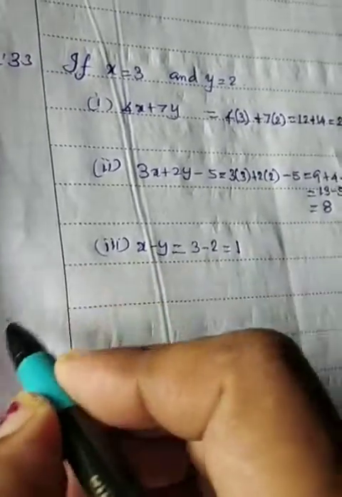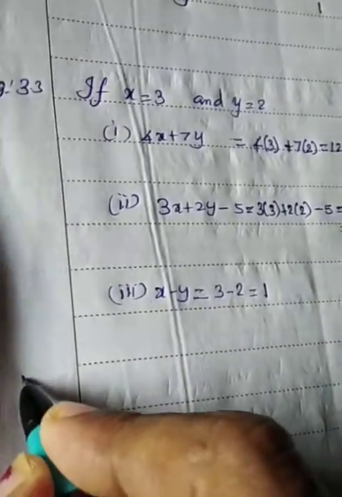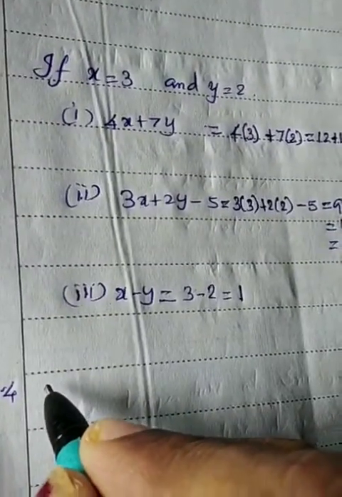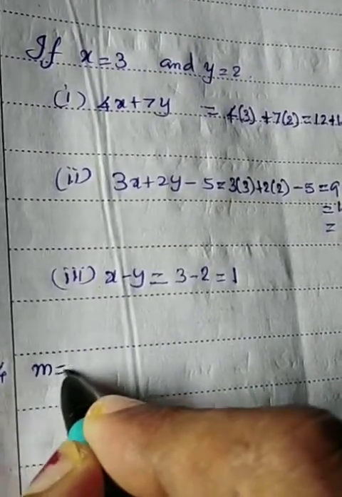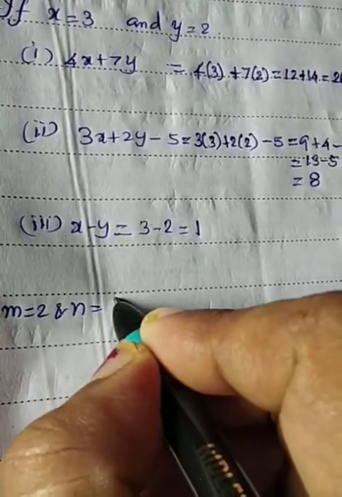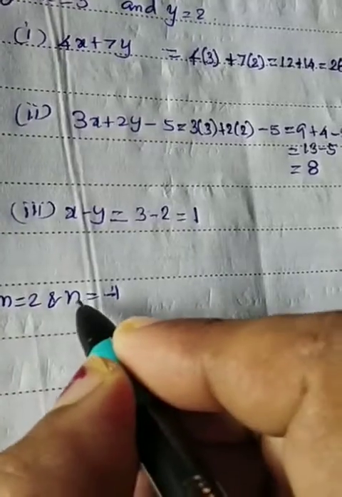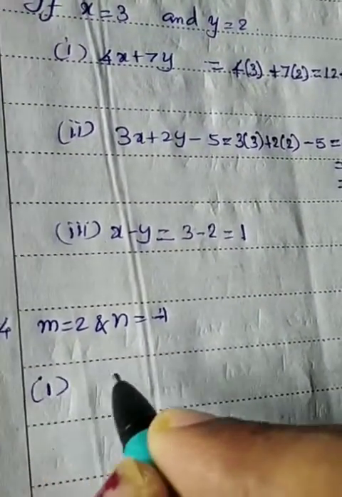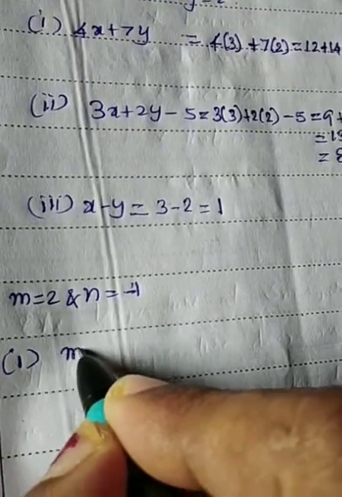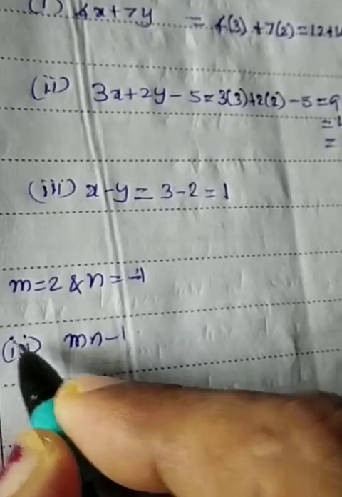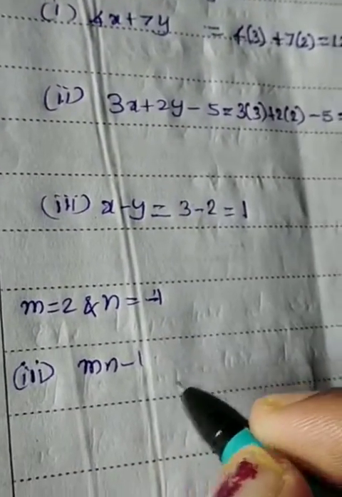Here we are having another example, that is 3.4, given that m is equal to 2 and n is equal to minus 1. How can we solve that? It is given mn, the third one in example 3.4. The other two you can simply finish.